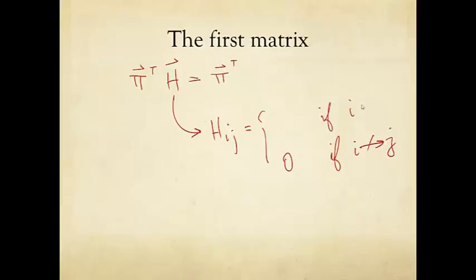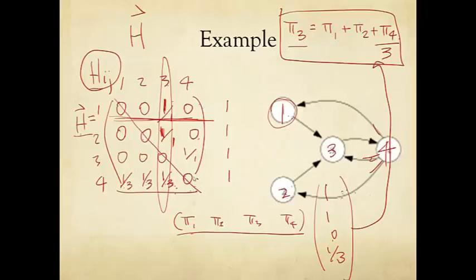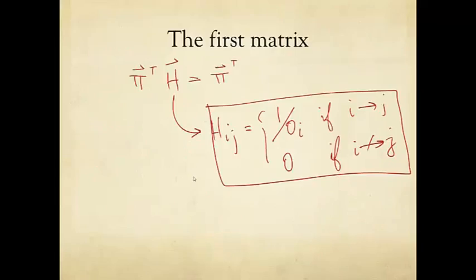But if i does point to node j, it is nothing but 1, normalized by the out degree of node i. That's the general definition of matrix H, which you can check is exactly what you got from this numerical example. So generally, you can define the ijth entry of matrix H as such.